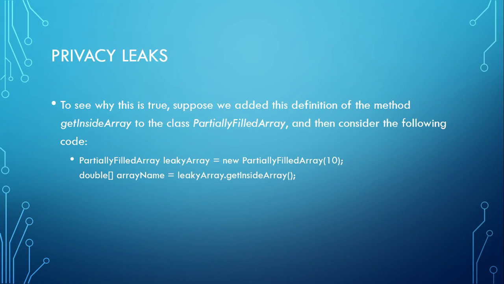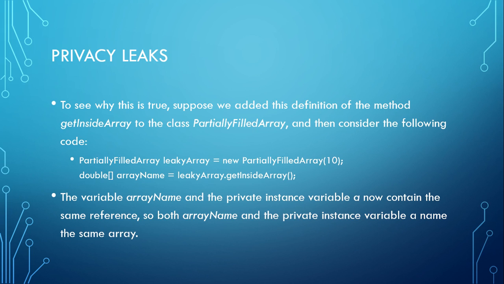To see why this is true, suppose we added this definition of the method getInsideArray to the class PartiallyFilledArray, and then consider the following code. PartiallyFilledArray leakyArray = new PartiallyFilledArray(10); double[] arrayName = leakyArray.getInsideArray(); The variable arrayName and the private instance variable a now contain the same reference.